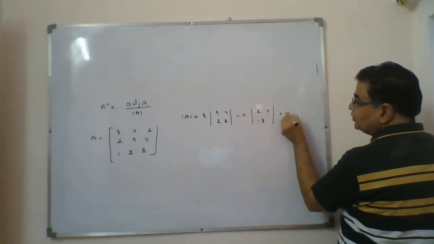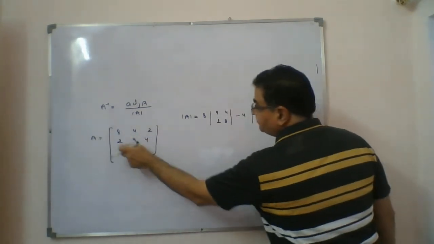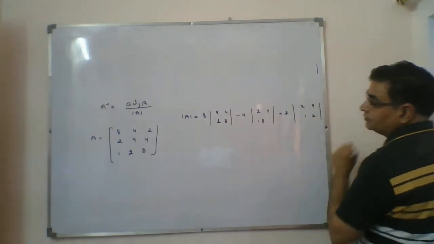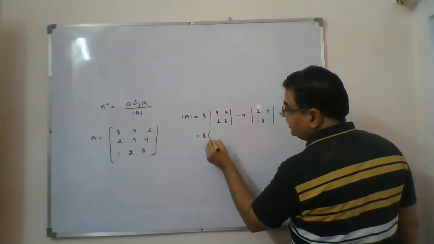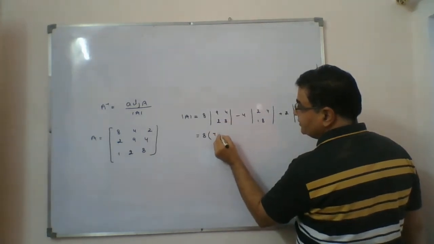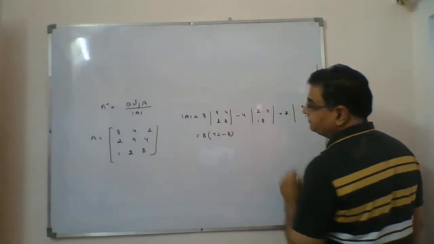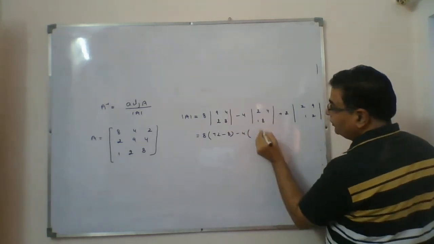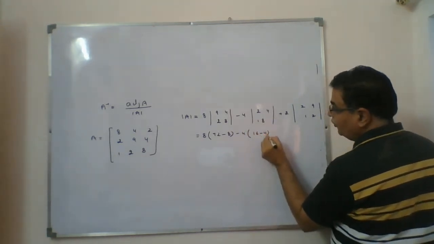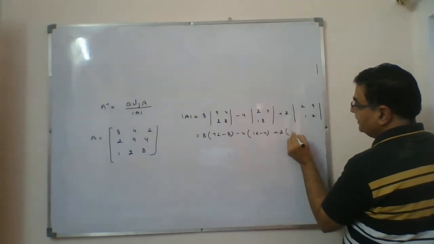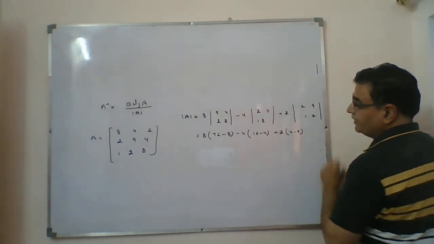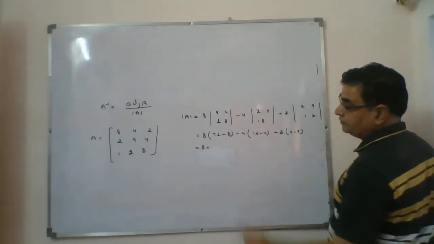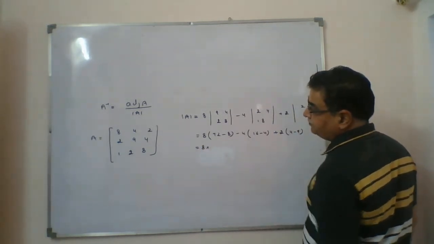And last will be 2 times the determinant of 2, 9, 1, 2. So here it will come 8 into (9 times 8 is 72, minus 8), then minus 4 times (16 minus 4), and then plus 2 times (4 minus 9).